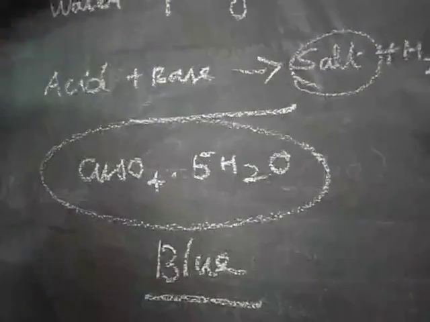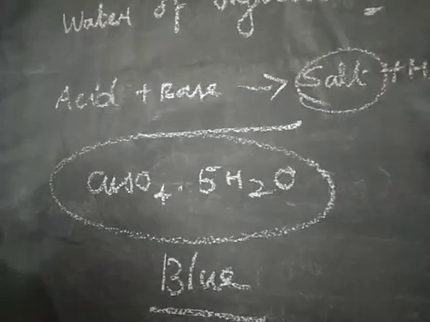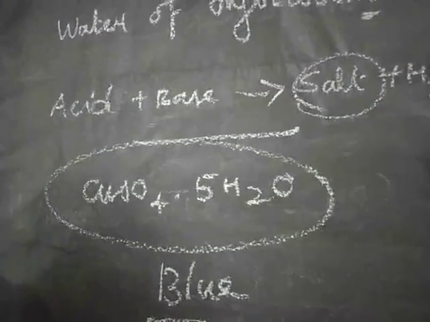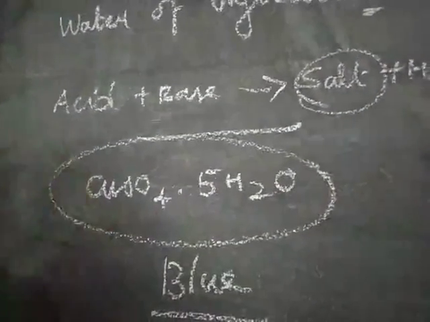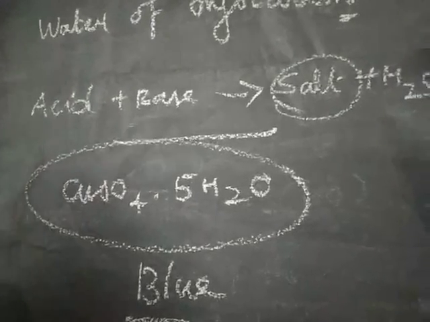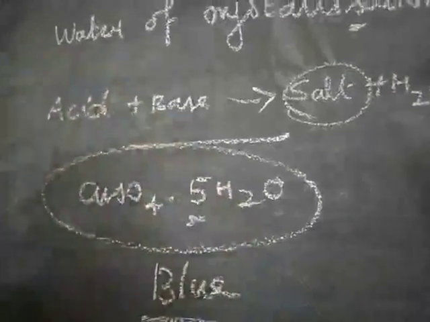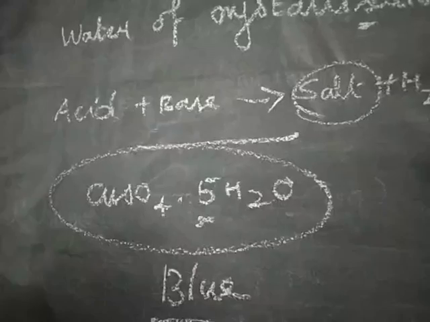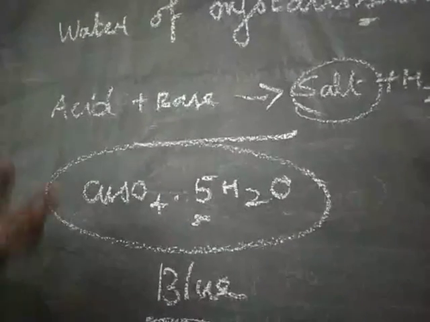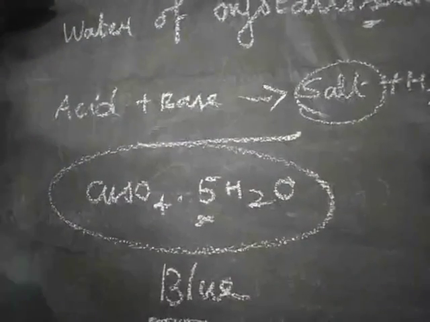It is an example of a hydrated salt. What is the meaning of hydrated salt? Any crystalline substance or compound that contains water molecules is an example of a hydrated salt.